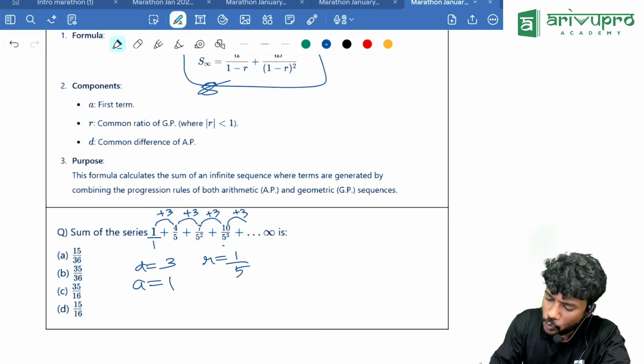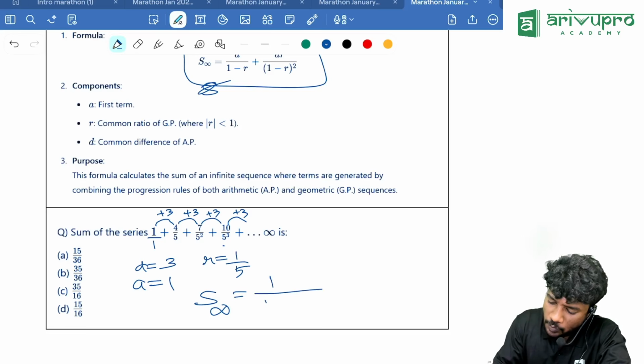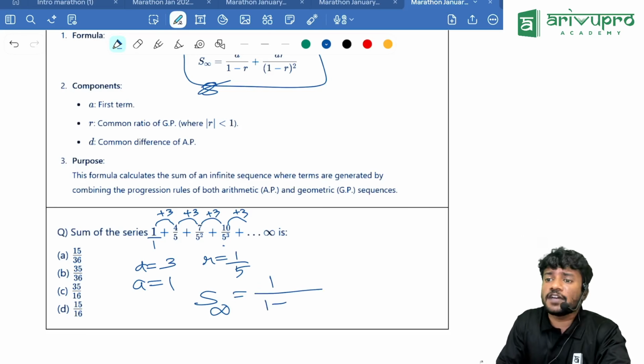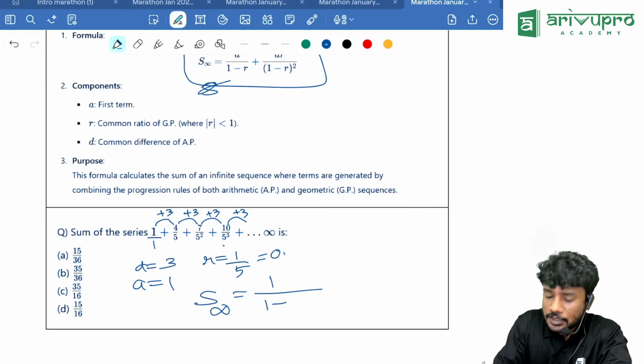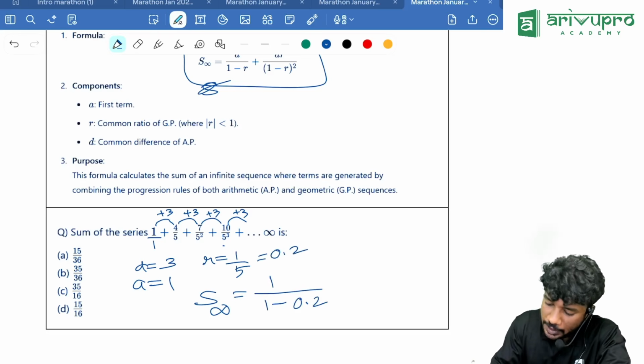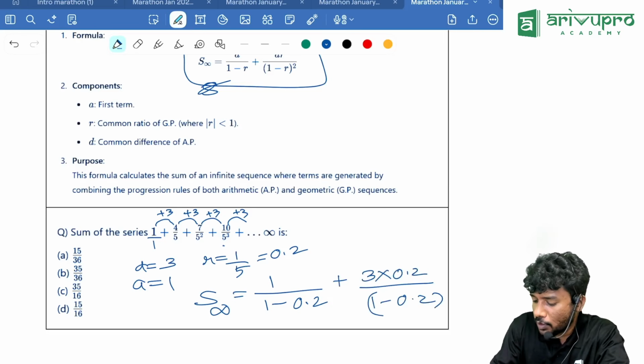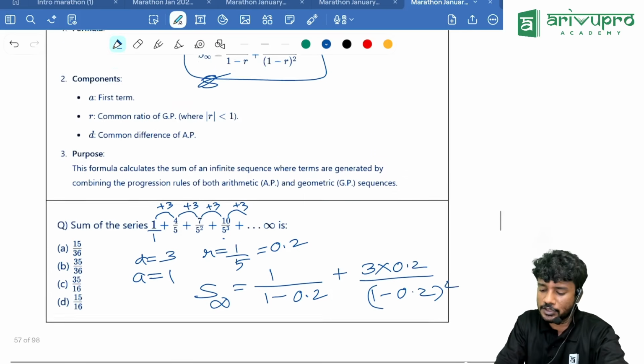S infinity is equal to A, which is 1, divided by 1 minus R. 1 by 5 is equal to how much? 0.2. That means 1 minus 0.2 plus D, which is 3 into 0.2, divided by 1 minus 0.2 the whole square. Use calculator. Try to get me the answer, people.